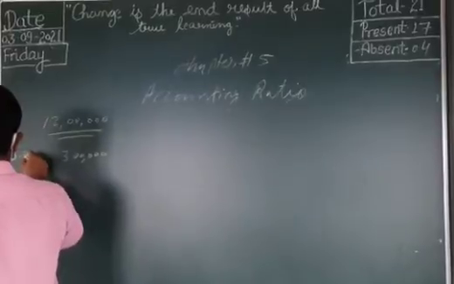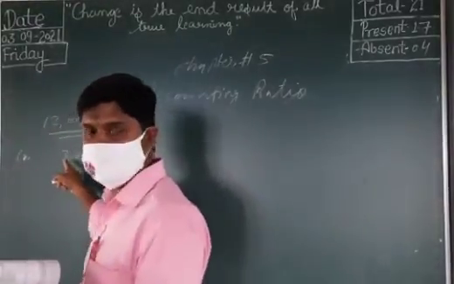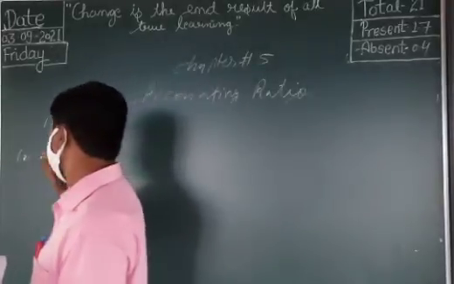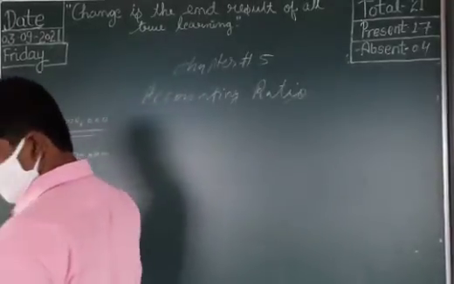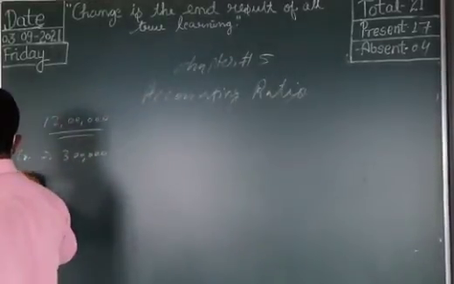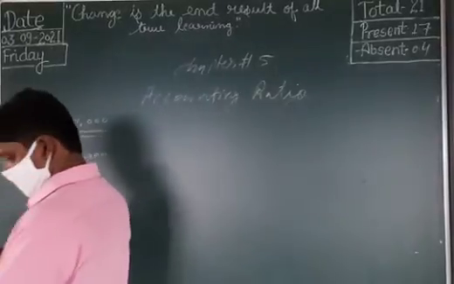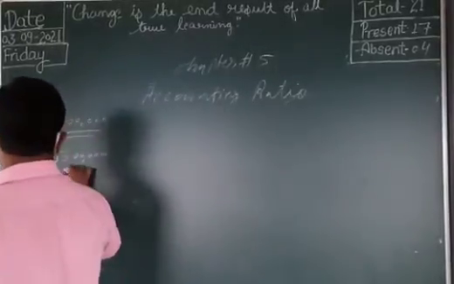Beginning creditors or opening creditors is 3 lakh. Next is bills payable. Beginning bills payable is 1 lakh.